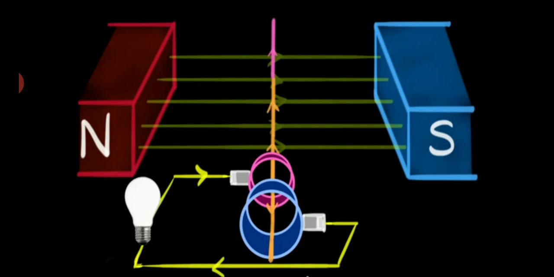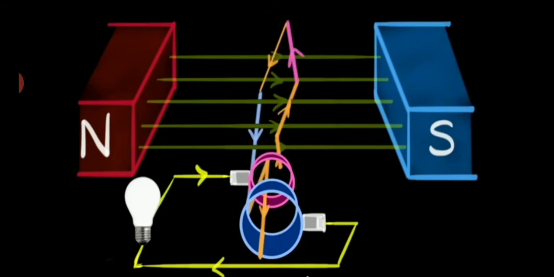Now, once our coil comes in this position, we have seen that the current reverses. So now the current will flow out of the pink ring, goes like this through the bulb, and now enters into the blue ring. So for every half a rotation, the current through the bulb also reverses.